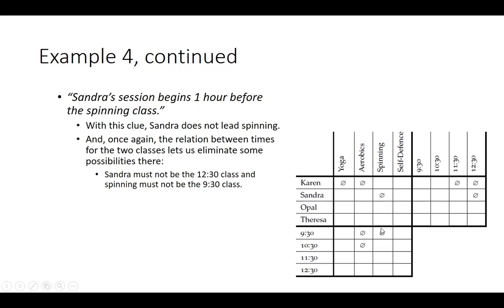And spinning can't be 9:30 because Sandra's class is before it. So spinning can't be the first class. So this is starting to fill in, but we haven't been able to deduce anything yet.